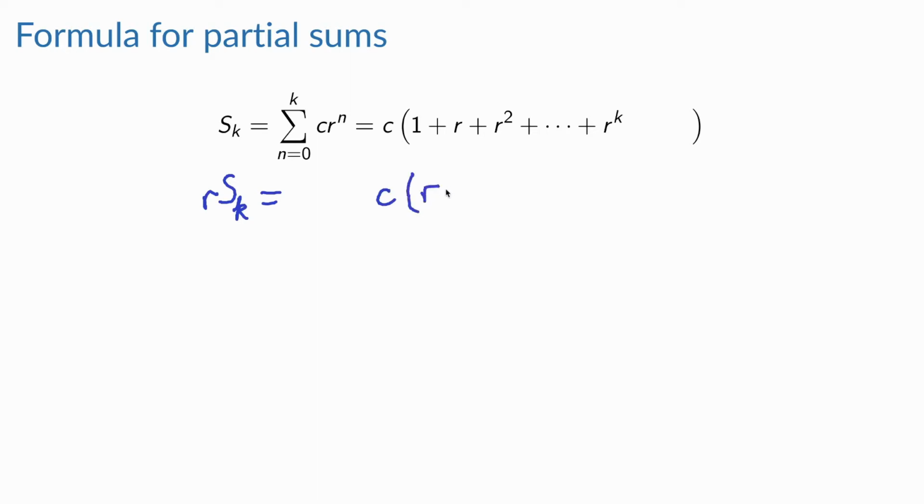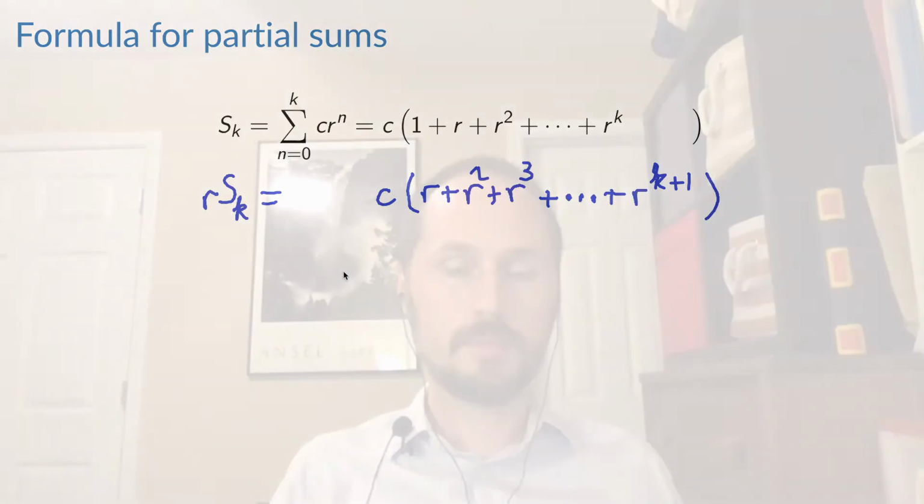I'm going to get r plus r squared plus r cubed plus etc. all the way up to r to the k plus 1. And let me close my bracket. Okay, so that's just r times S_k. I took this formula I had up here for S_k and multiplied it through by r, and this is just a pure algebra manipulation.